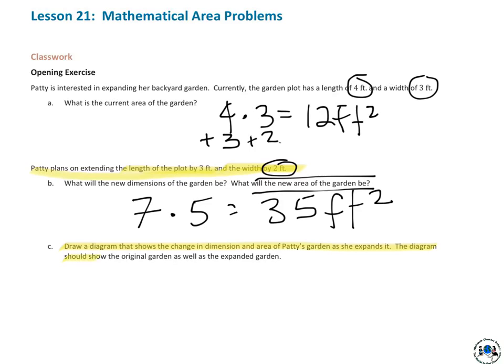The diagram should show the original garden as well as the expanded garden. So go ahead and give that a whirl. Try it out, and I'm going to do it as well. If you have trouble, what I'd really love for you to do is get that graph paper out and use it to do it. Go ahead and give that a whirl and come on back and we'll look at it together.